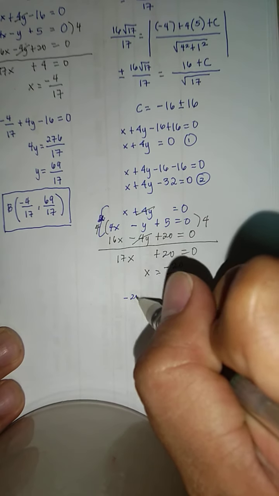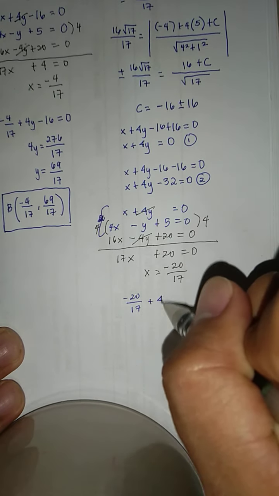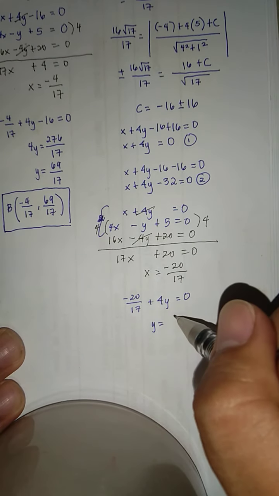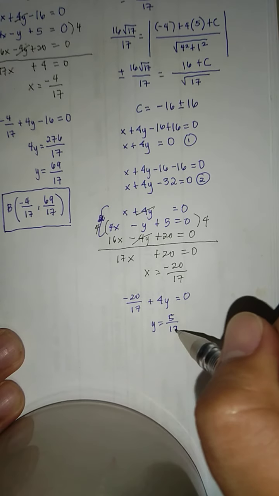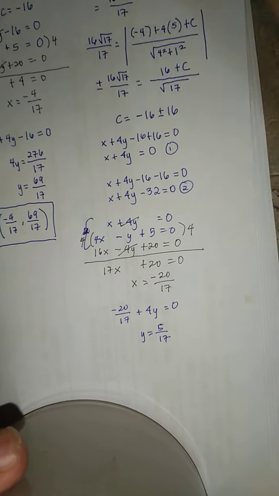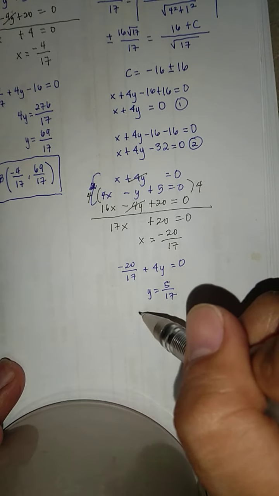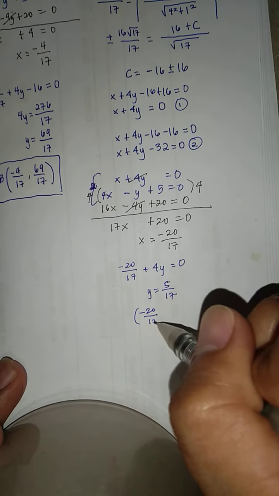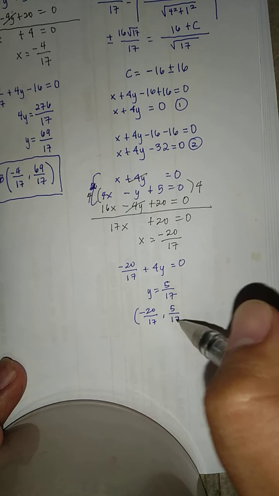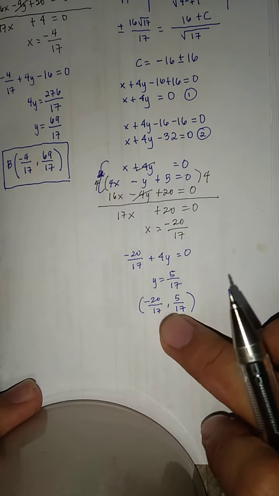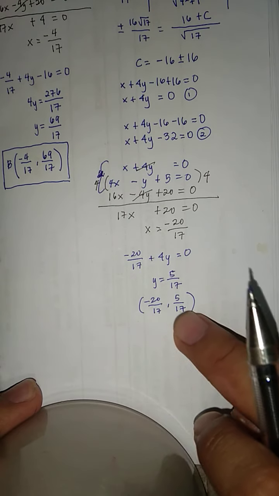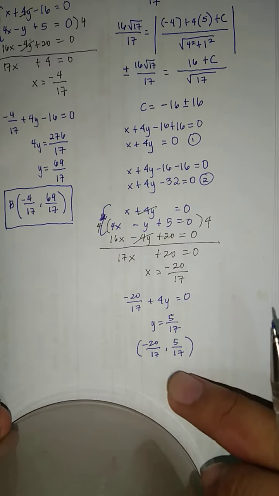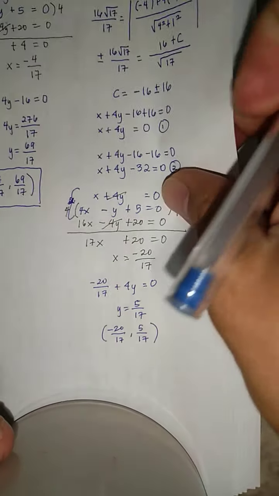So you have negative 20 over 17 plus 4y equals 0, so y is equivalent to 5 over 17. So the coordinates of the intersection are negative 20 over 17 and 5 over 17. But we don't know which C it is, so let's first solve the other one.